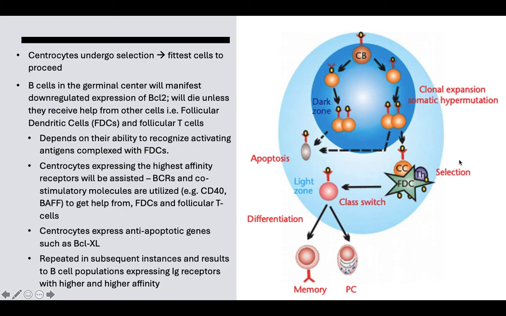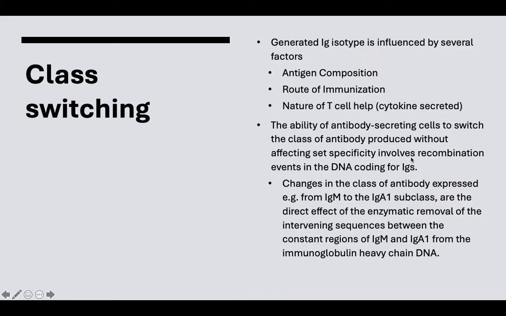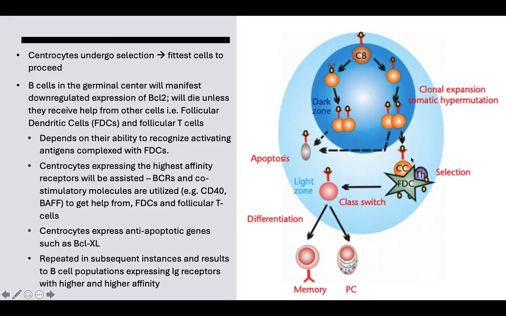So B cells in the germinal center, usually they will manifest downregulated expression of survival factors such as BCL2. Therefore, they will die unless they receive help from other cells. So these centrocytes here will now have downregulated survival factor expression.